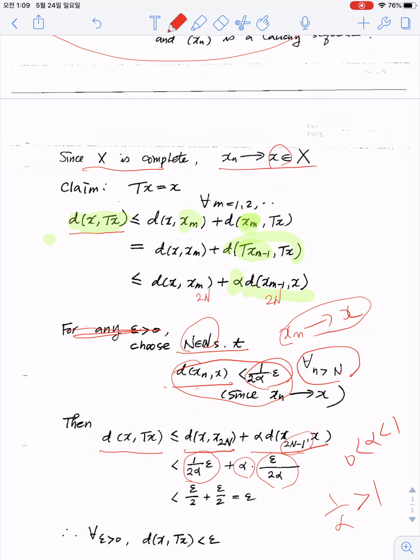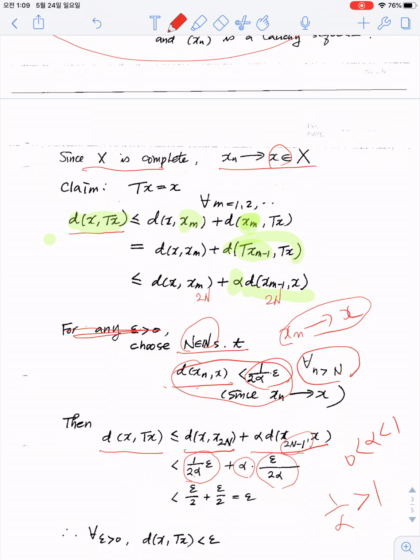Okay, let me look at this one. So let's see. We fixed this guy.